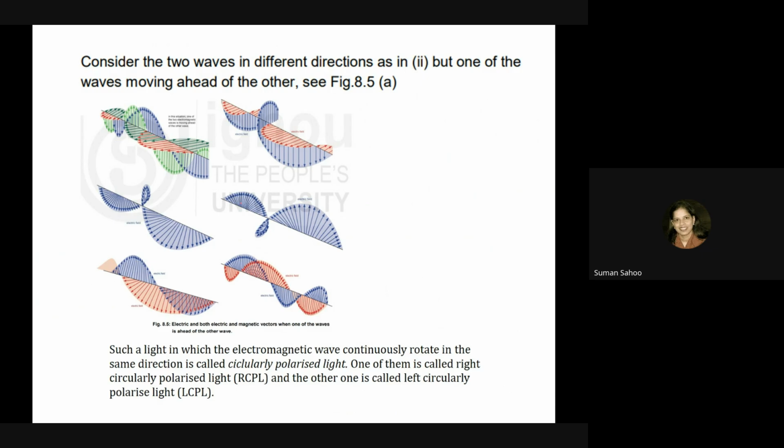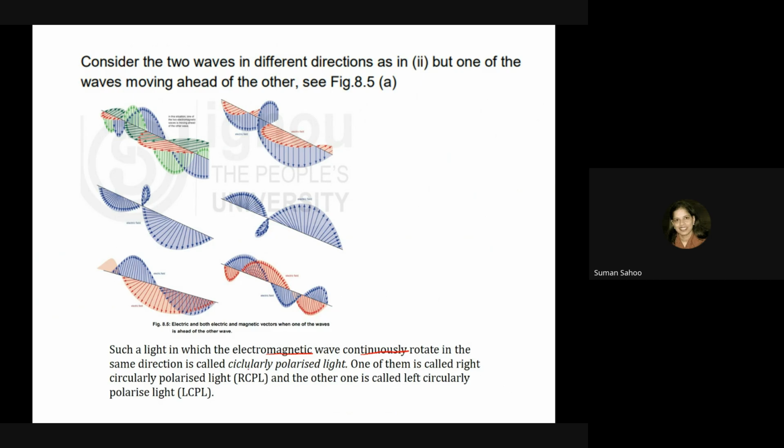In that case we would have a wave-like property like this. If we have many waves going in this direction at different times, the electromagnetic waves continuously rotate in the same direction.